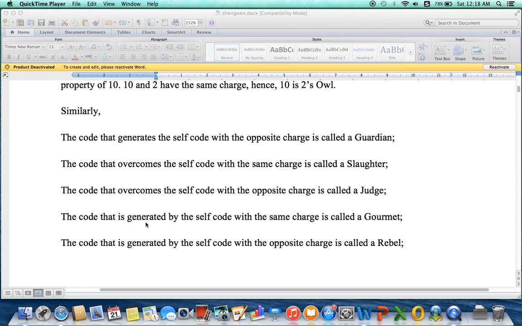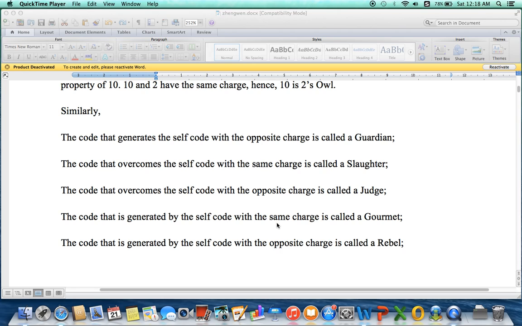The code that is generated by the self code with the same charge is called the gourmet. Same charge means yin to yin or yang to yang. For example, the wood's gourmet is a fire with the same charge. And the code generated by the self code with the opposite charge is called ripple.